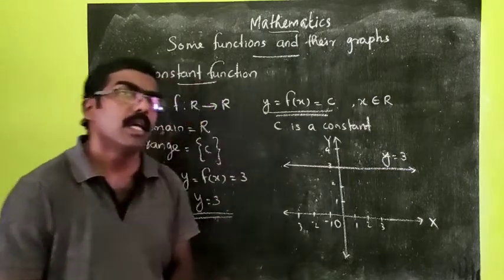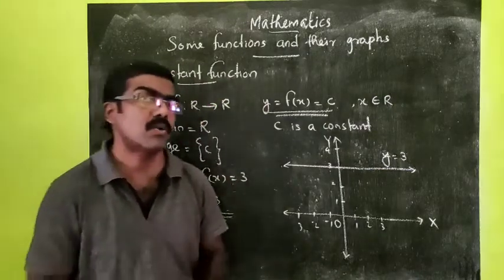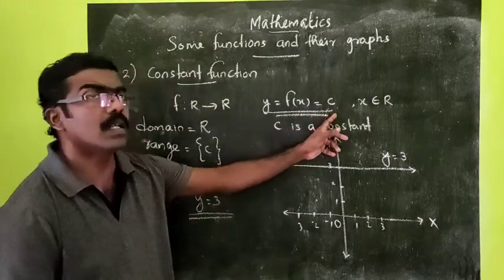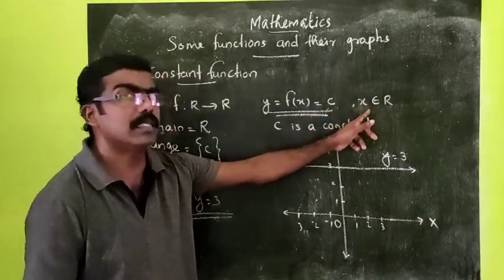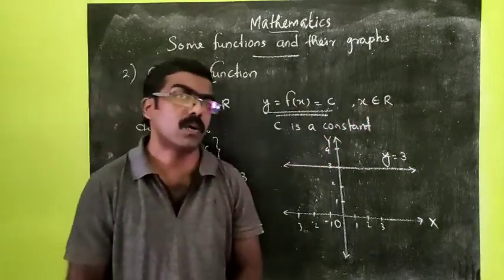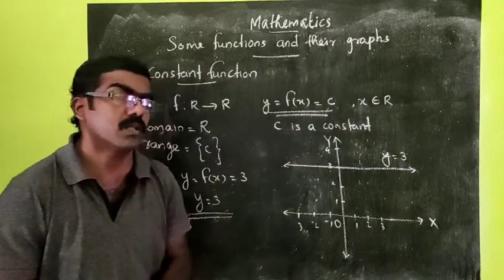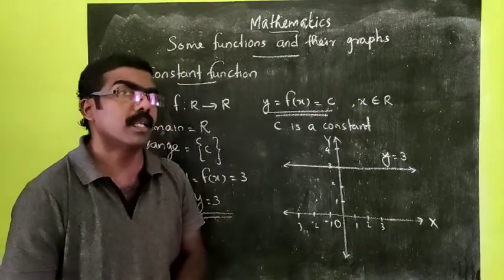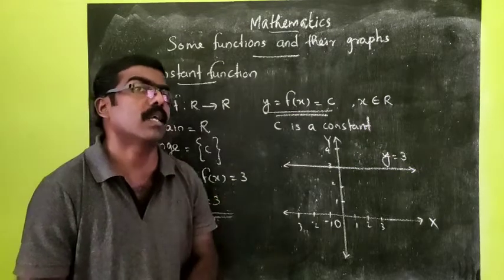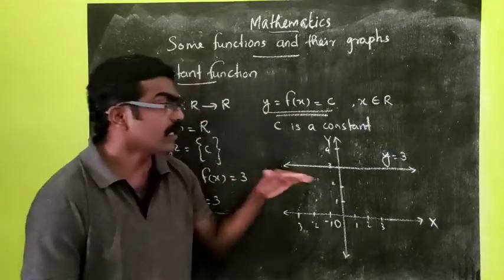Okay. I repeat, a function f from R to R given by y is equal to f of x is equal to c, where x belongs to R, x is a real number and c is a constant, is called a constant function, where the domain is the set of all real numbers and the range is the set c. Okay, and graph is a straight line which is parallel to x-axis.